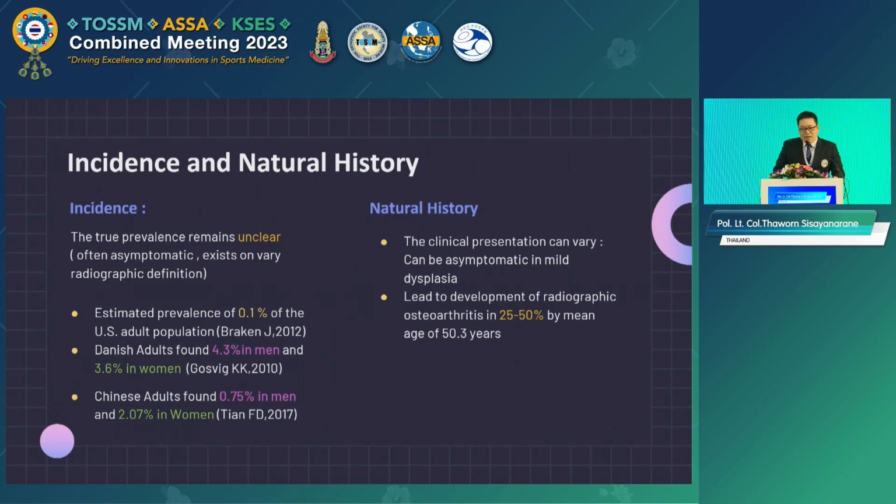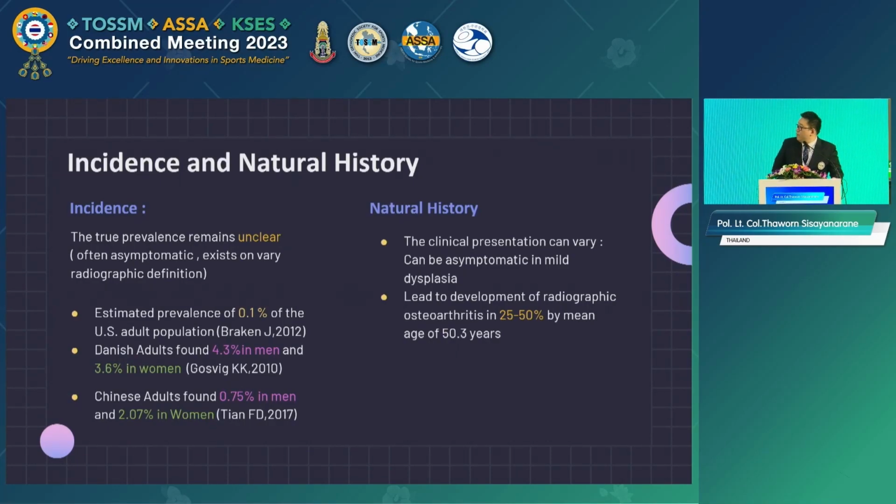The incidence and natural history. The incidence is still unclear because the spectrum of disease in some patients is asymptomatic. The estimated prevalence in the US is about 0.1%, and a Danish report shows 4.3 in men and 3.6 in women.